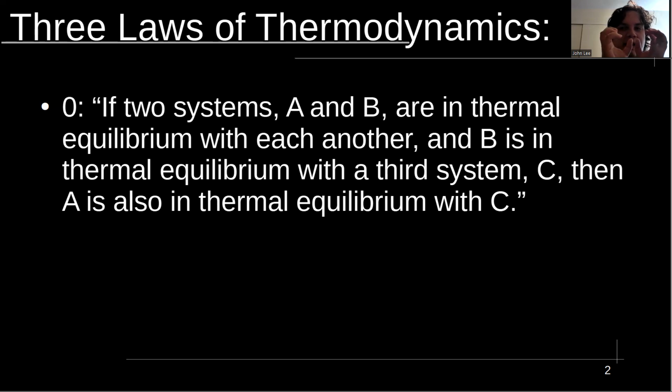And A and B, so this is A, this is B, and then B is at thermal equilibrium with the third system, C. So if B and C are also at thermal equilibrium, then A and C are going to be in thermal equilibrium as well, which is just like the mathematical property that if one thing equals another thing, and that other thing equals a third thing, then the first thing equals the third thing.